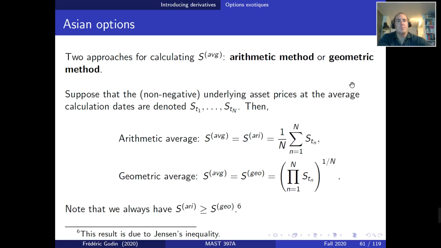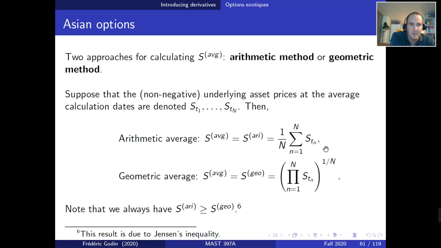Okay, so suppose the average is calculated over a set of dates t1 to tN. Then the arithmetic average of the price would be the regular average we're used to calculating. So S average would be the arithmetic average, which would simply be 1 over N times the sum of prices on each of the days.